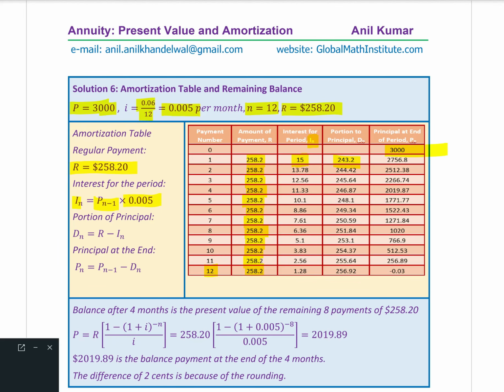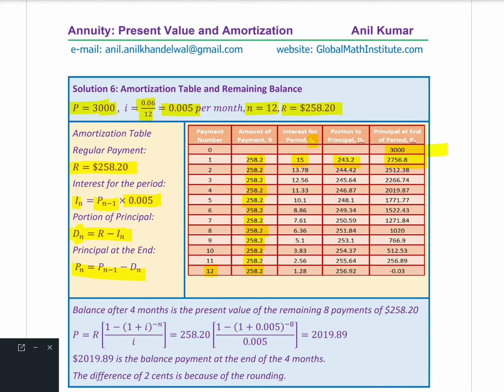So then you calculate the difference between the payment and what has been paid as the interest. So we know that towards the debt this amount is there. Then you can deduct that and get the column filled up for the principal at the end of the period. You get the idea, right? So that is how we are going to work on it.